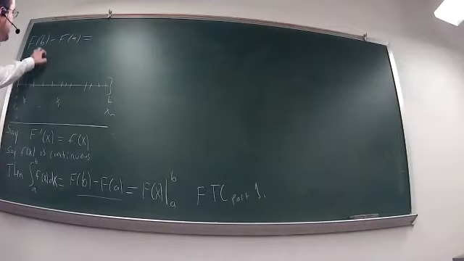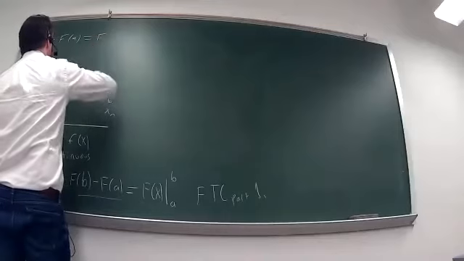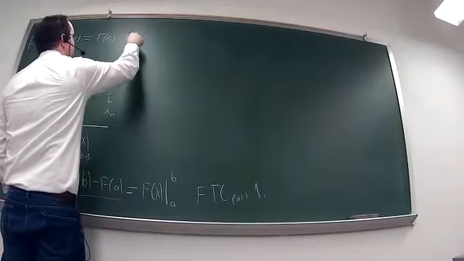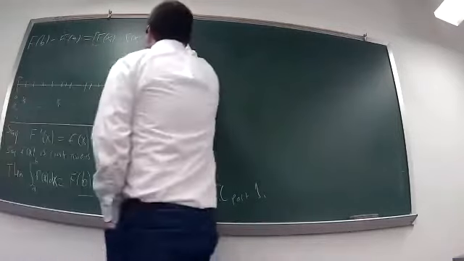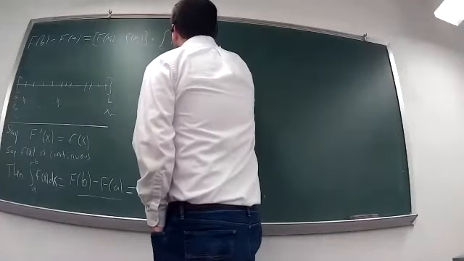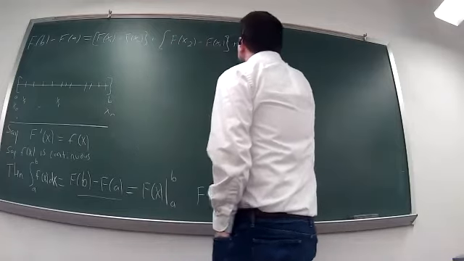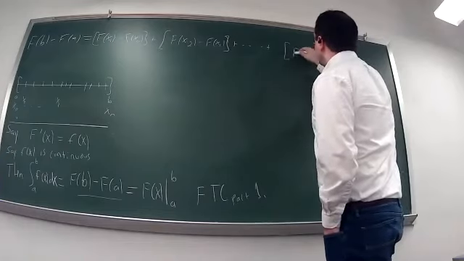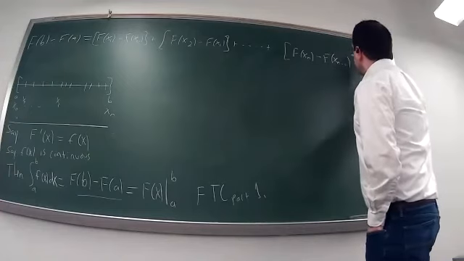Given any partition, I can now rewrite this f of b minus f of a as follows. I could write f of x1 minus f of x0, plus f of x2 minus f of x1. Keep on going until I finally end up with f of xn minus f of xn minus 1.